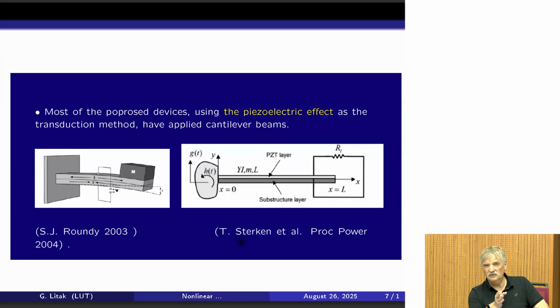So now we have two fields. One is electrical, and the second is stress. During the elastic deformation, there would be some reconfiguration of the internal structure of the piezoelectric, and this would give some change in the polarization.